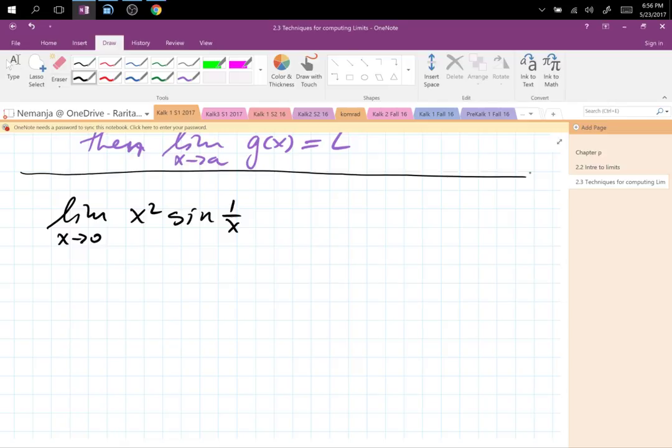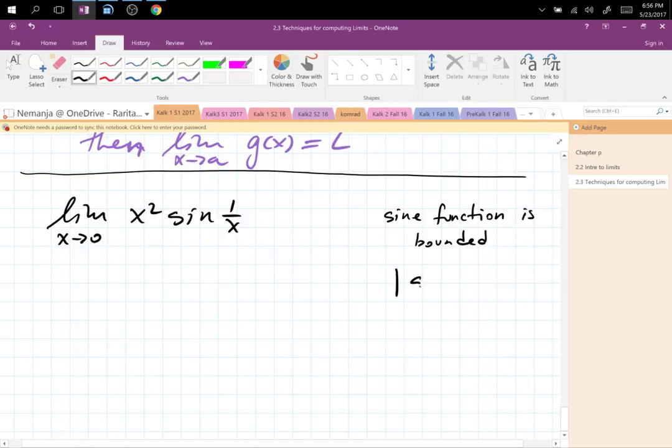Well, I have to engineer two functions that are going to squeeze this in between. I start from a notion that the sine function is bounded.